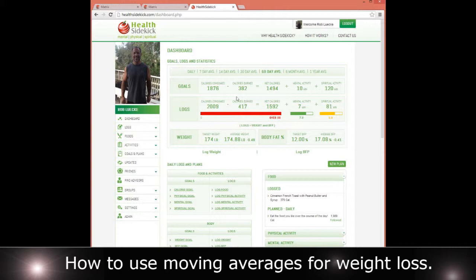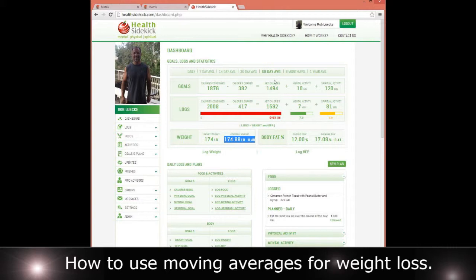I averaged 417 calories burned in exercise daily, and I had 1,592 net calories. I did 7 minutes of mental activity daily and 81 minutes of spiritual activity daily. That's all it means. And it says that when I did this, it translated into me losing 0.48 tenths of a pound over a 60-day period.